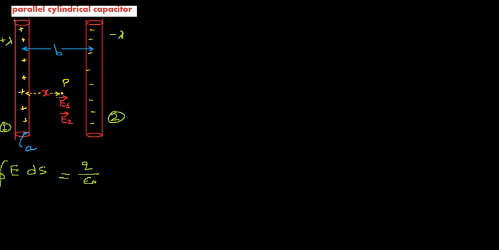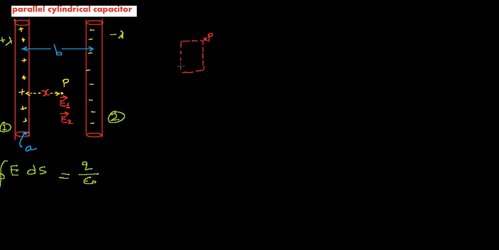Let me draw a separate diagram for this. Here this is my point P, at x distance from the surface. Here we take a length L, and here we will draw a Gaussian surface over this.